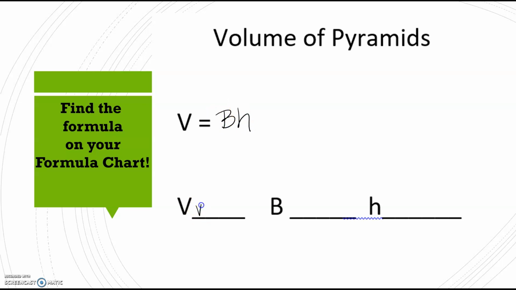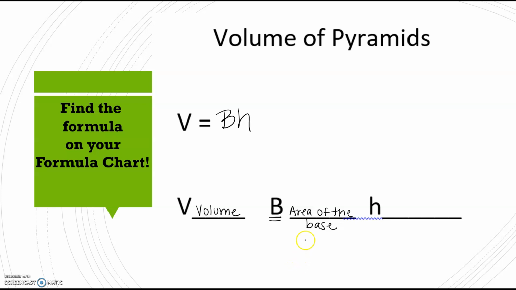So V stands for volume. Our big B is area of the base. And again, the reason it's a big B is that's telling you that we can't just plug a number in. We have to calculate the area of the base.